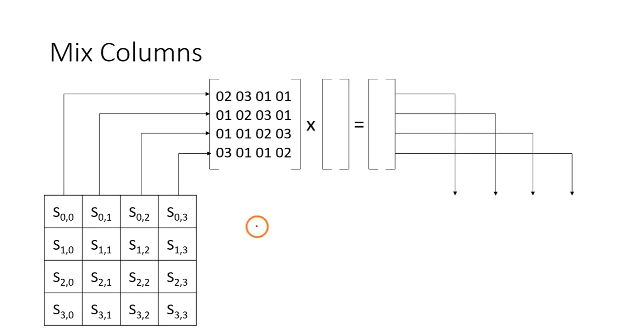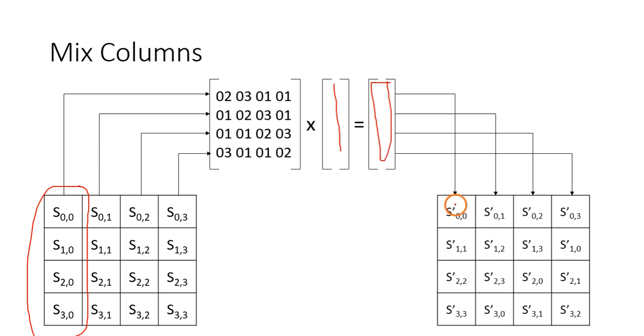And the next one is mix columns. Here is the input state, and what happens in mix columns is that there is a predefined matrix, already specified by the AES developers. You take one column at a time, multiply it with this matrix, and you will get a result.